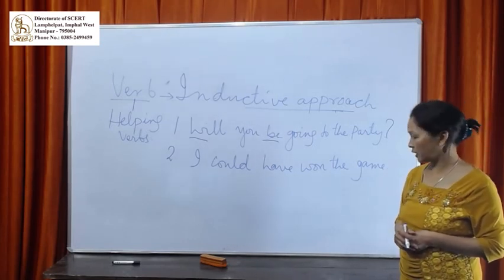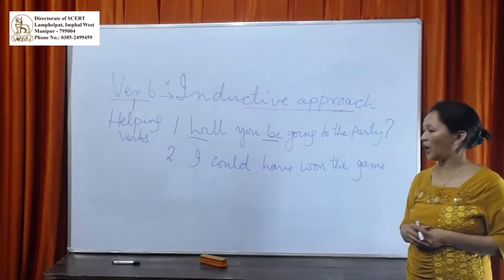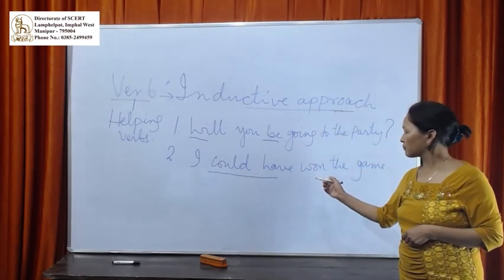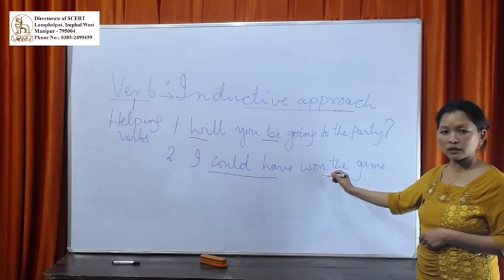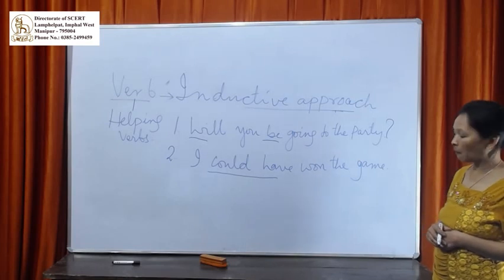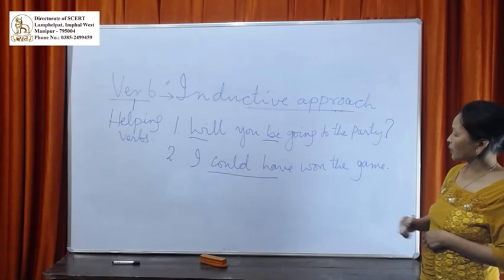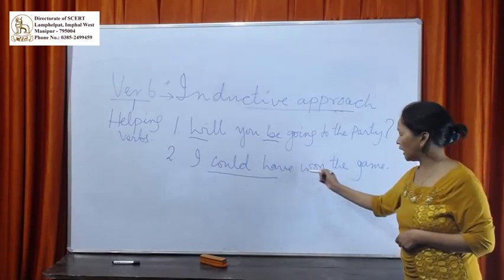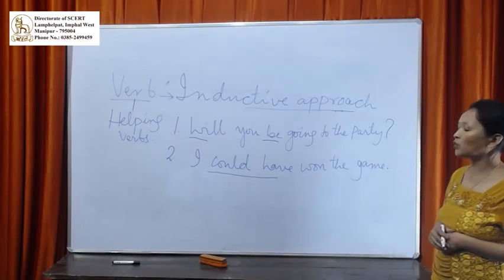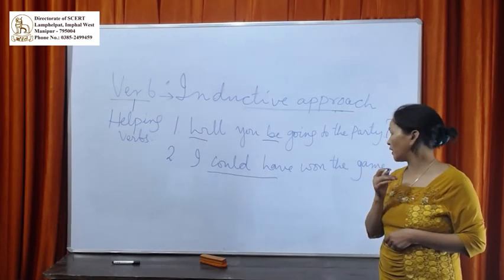Where is the helping verb and where is the main verb? I could have won. This is the main verb, won, the game. So could and have help the verb won. W-O-N. I could have won the game.